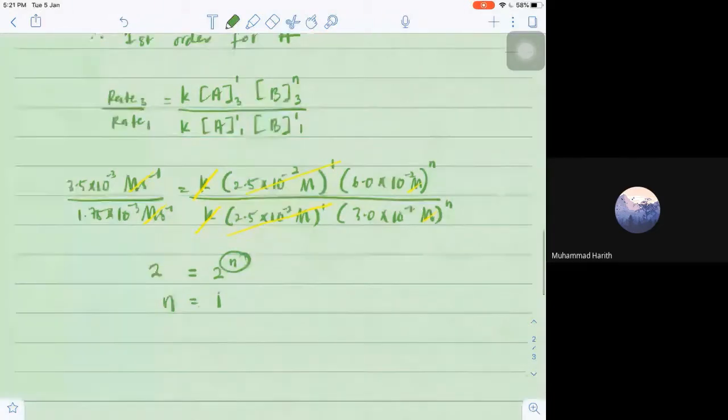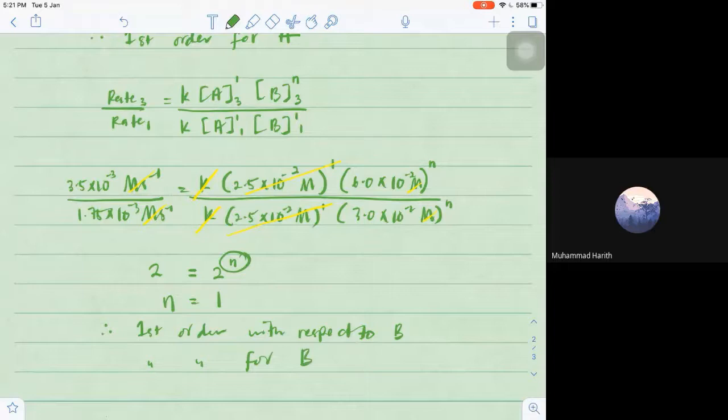It is compulsory. So it is first order with respect to B, ataupun it is first order for B. Boleh juga, but the conclusion is compulsory.